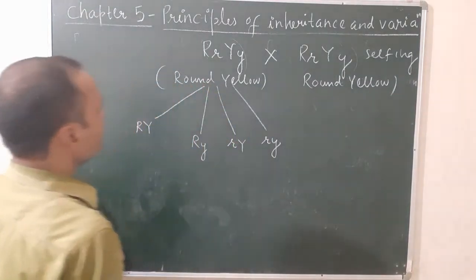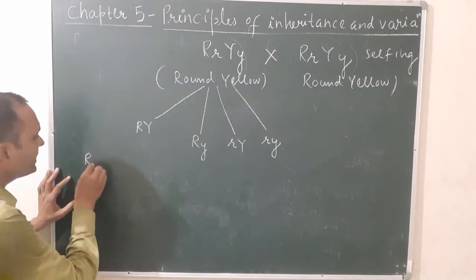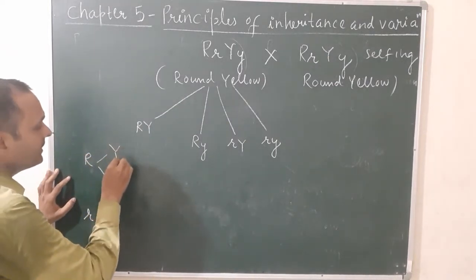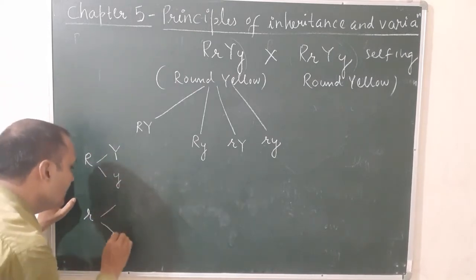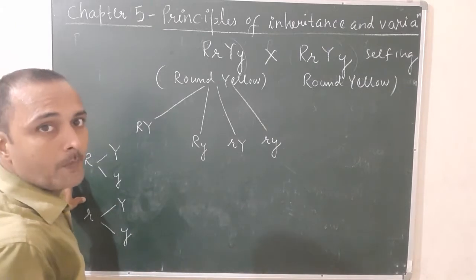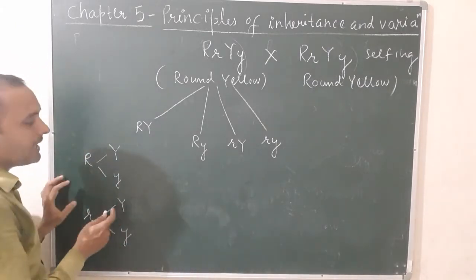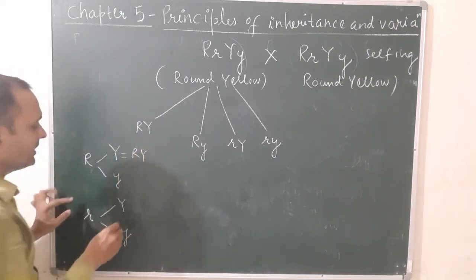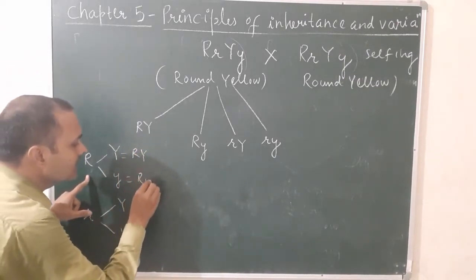One more method, just separate capital R and small r and write them 2 times. Capital Y, small y. Again, capital Y, small y. So you can easily find the types of gametes. This is also known as the bifurcation method. So here will be capital R, capital Y. Here capital R, small y.